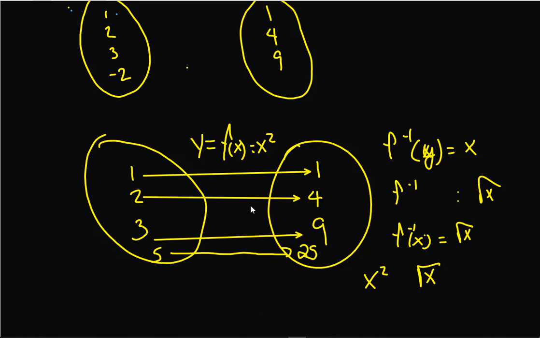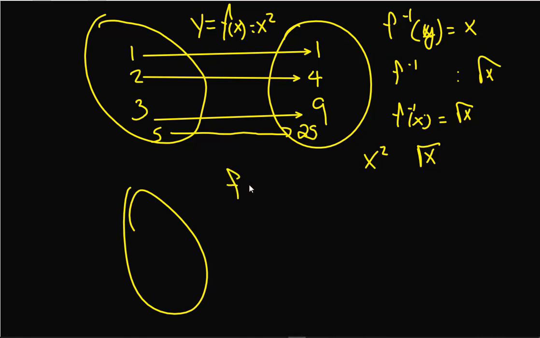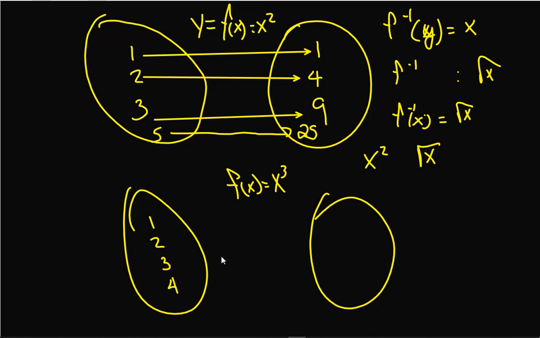So what if the function had been not x squared, but rather f of x equals x cubed? What would be the inverse of that? In this case, actually, we don't have to limit the domain, but let's ignore that and just keep the domain limited. Let's just say 1, 2, 3, and 4.